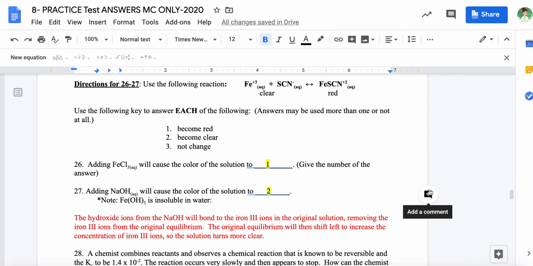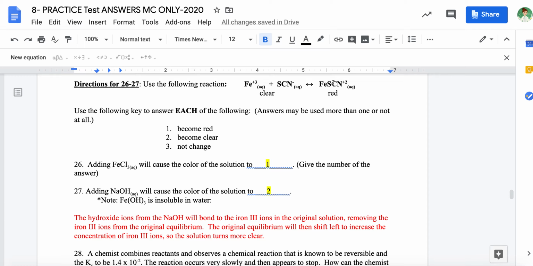So it's going to remind us that we can change the concentration by causing the concentration to go up. And that's what we're really seeing in 26. Adding iron chloride increases the concentration of iron, causes a shift to the product side. It's going to become red.